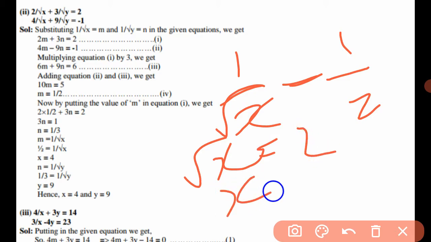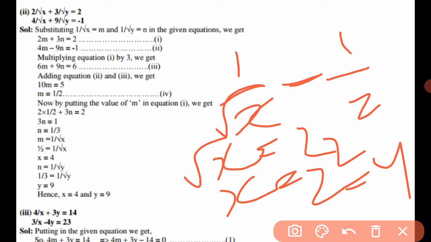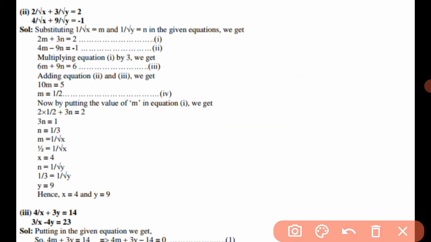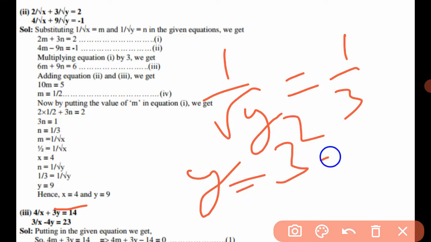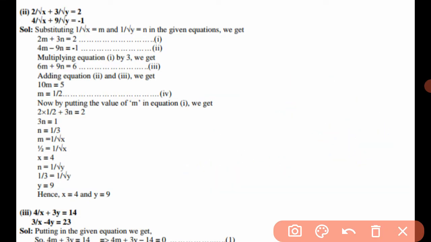So x will be 2 square, and 2 square equals 4. So the value of x will be 4. Similarly 1 upon under root y equals n, and we found n is 1 upon 3. By cross multiplication y equals 3 square, and 3 square equals 9. So the value of y will be 9.